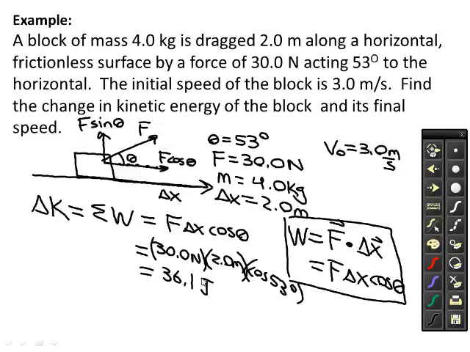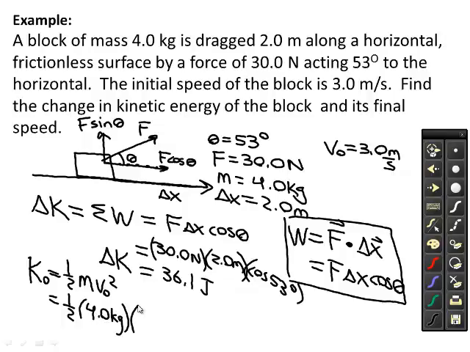If we say, all right, this is the change in kinetic energy, the initial kinetic energy is 1/2 m v naught squared. It's got a mass of 4 kilograms, initially moving at 3 meters per second.